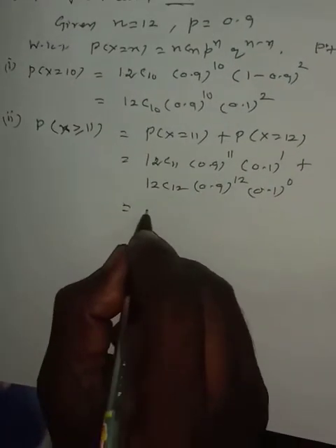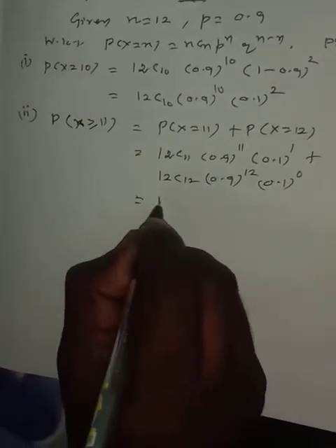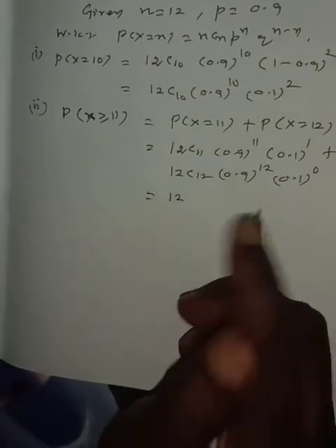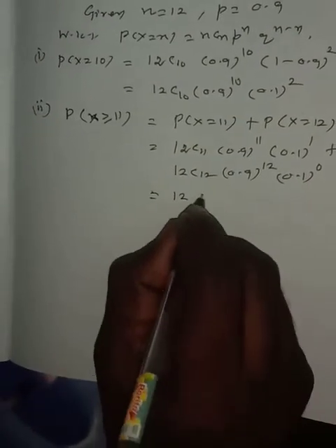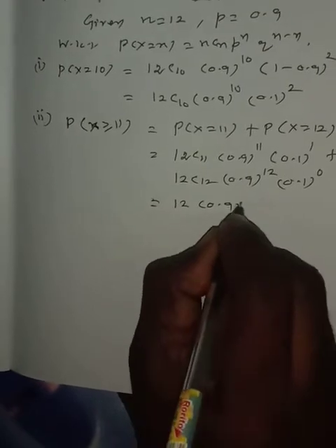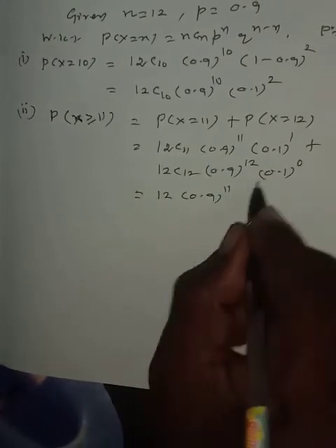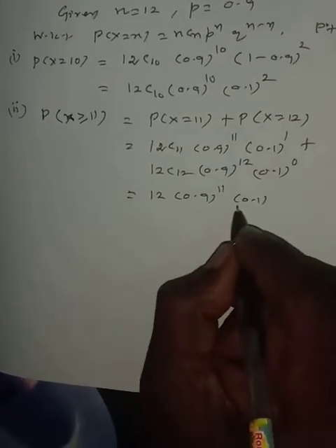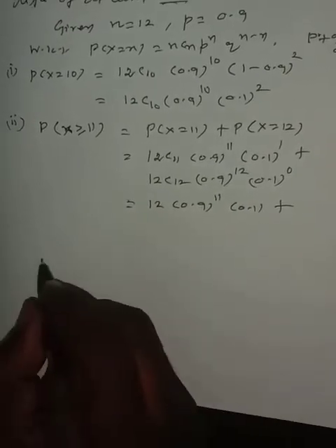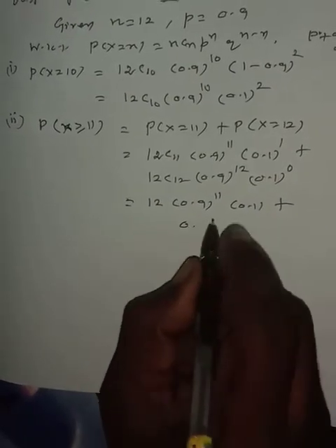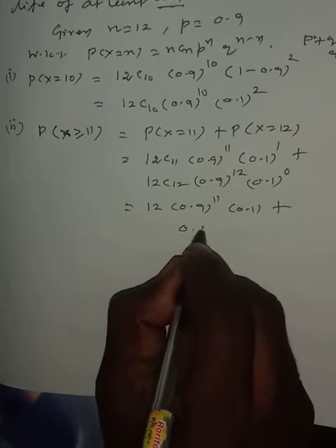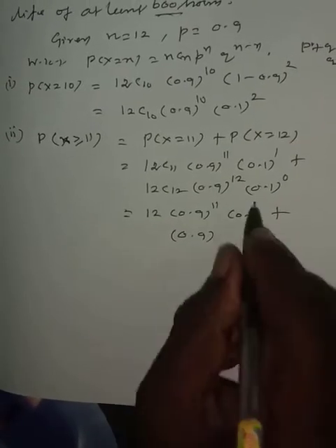So 12C12 is 1, and 12C11 is 12, into 0.9 whole to the power of 11 into 0.1, plus 0.9 whole to the power of 12.